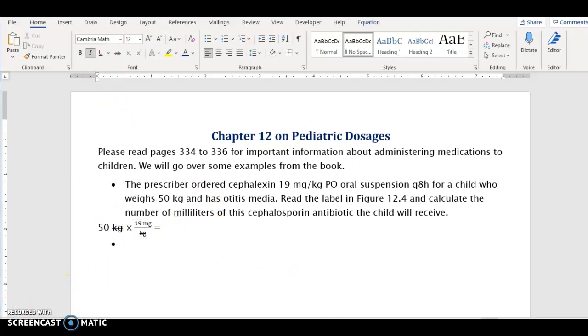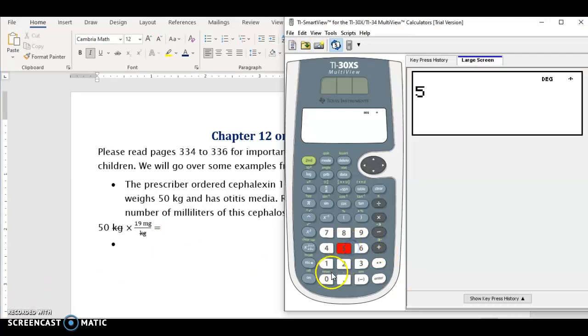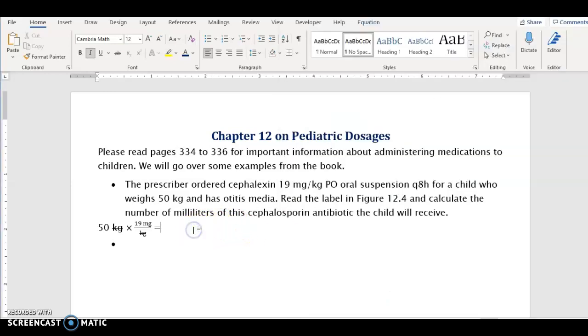Okay, let's go and put that in our calculator. So 50 multiplied by 19. Okay, it's 950. So the patient will receive 950 milligrams of the medication.